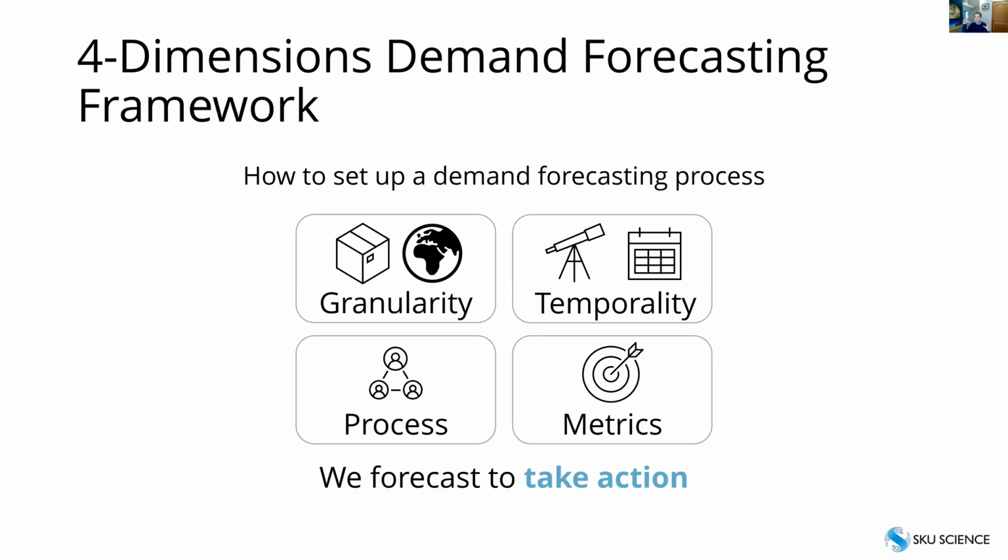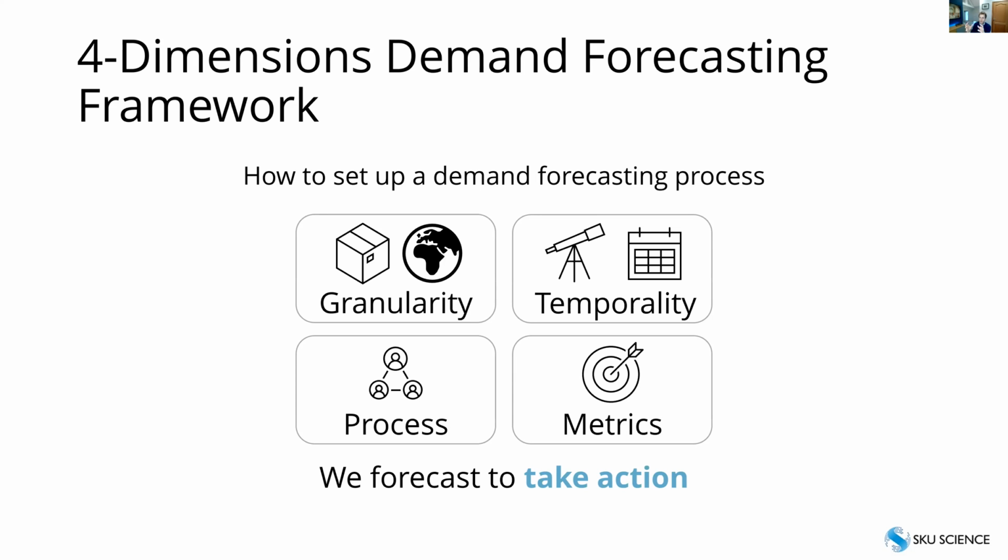Actually, when you think about a supply chain, it's some kind of a living organism that needs to take hundreds, thousands of decisions every week. And when you need to make a good decision, you need to have the right information. So why do we forecast demand? We forecast demand to give the supply chain the right pieces of information so that the supply chain can make the right decision.